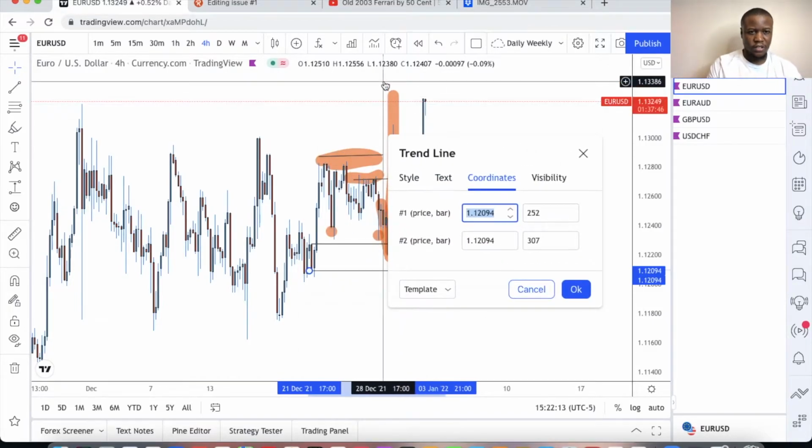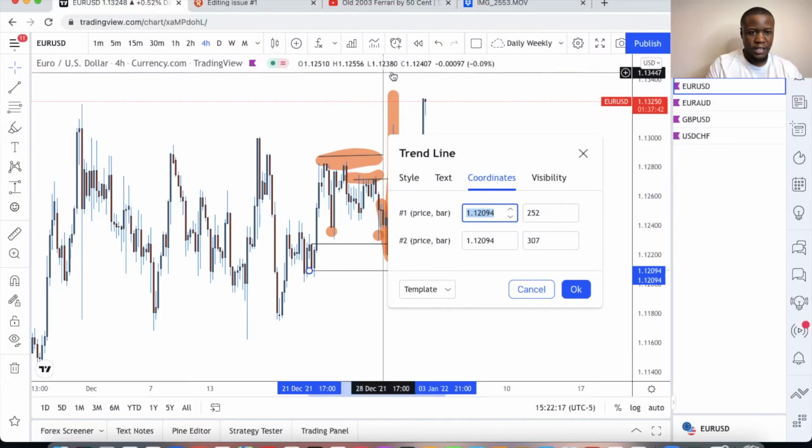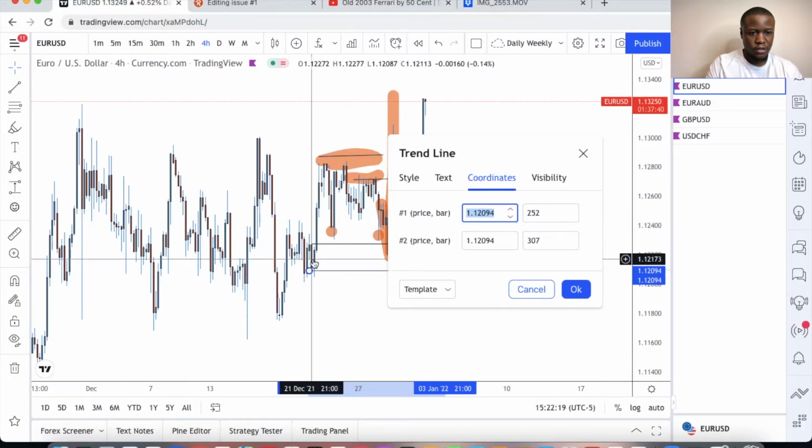Once again, you can check the candlestick, and right over here you can check the actual number to get the right number. So the low is 1.2087. So I'll go 1.2085.